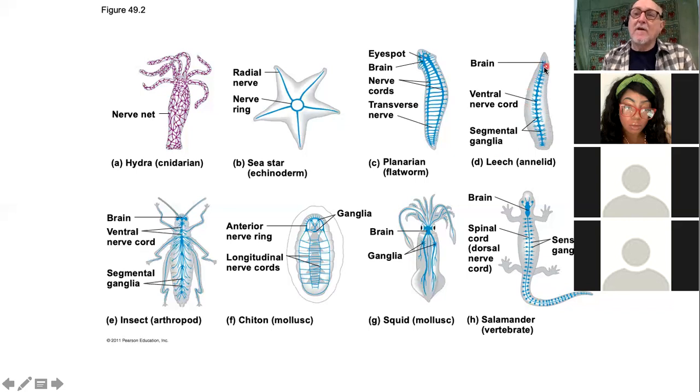The nerve cords are the communication system from the brain to the rest of the body. And in these groups, that nerve cord is ventral. That is, it runs down the tummy side of the organism. And it is very often based on a double nerve cord system. The nerve cord looks like a ladder. And there can be elaborations on that, but that is the basic form.